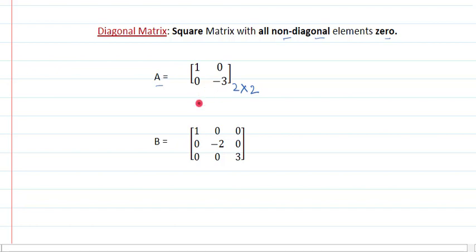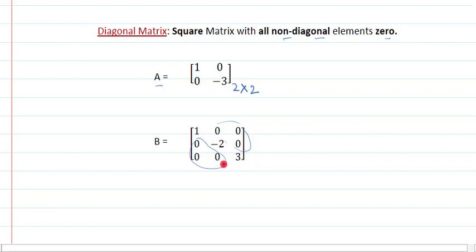Similarly, in matrix B, diagonal elements are non-zero, that is 1, minus 2, 3 and all non-diagonal elements are 0. Upper as well as the lower elements of the diagonal are 0.